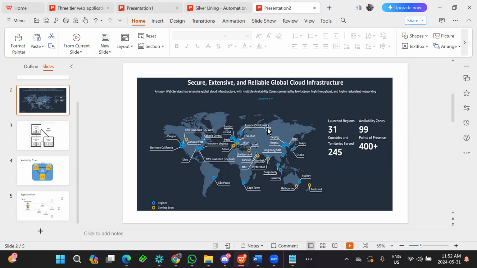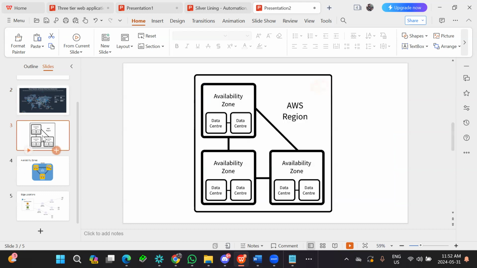By having a multitude of availability zones within a single region, AWS can provide redundancy in such a way that if one AZ fails, that is an availability zone fails due to a power outage or other issues, services can fail over to another availability zone within the same region without any significant downtime.